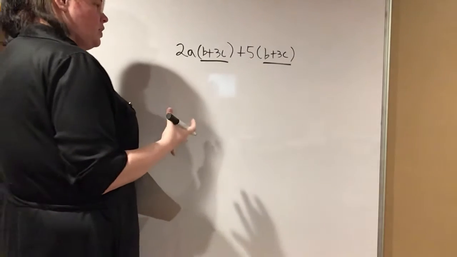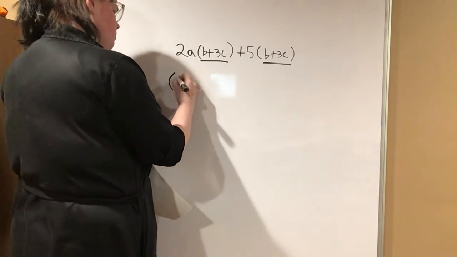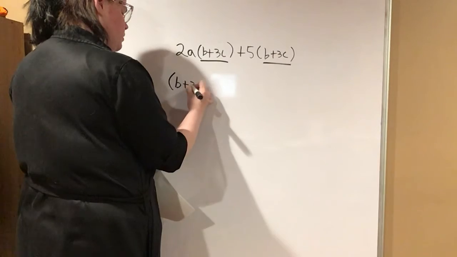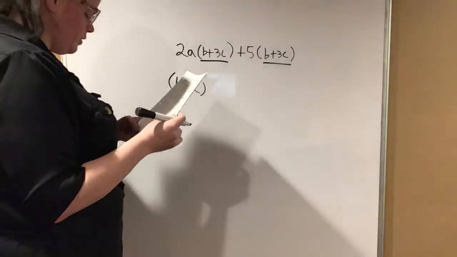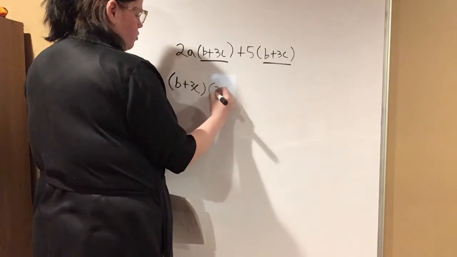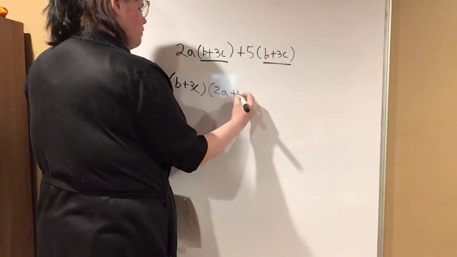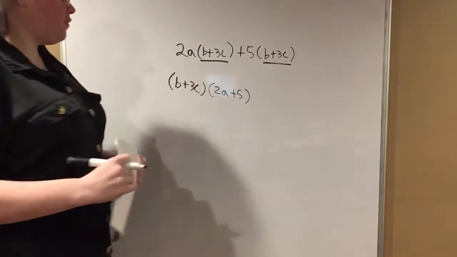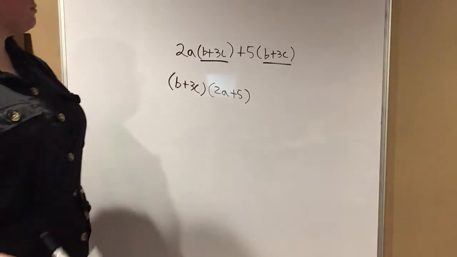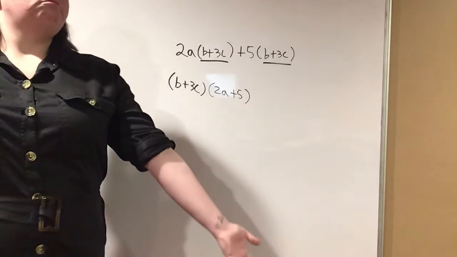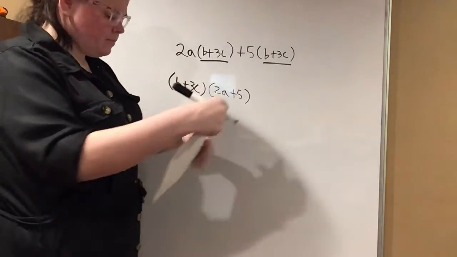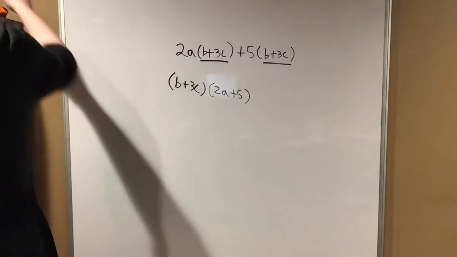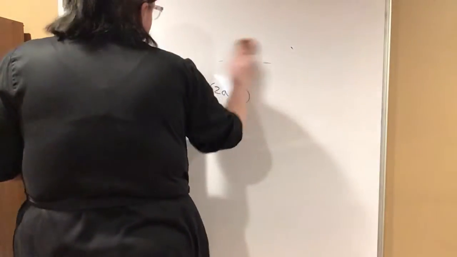So we're pulling out of each of these a, b plus 3c. And when I do that, I'm then left with 2a plus 5. And if I were to FOIL that, I'd get this again. Factoring is the opposite of FOIL. It just looks confusing sometimes, and you're like, oh my gosh. It's not hard.